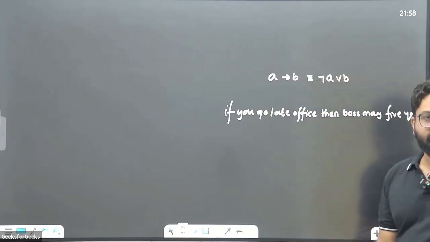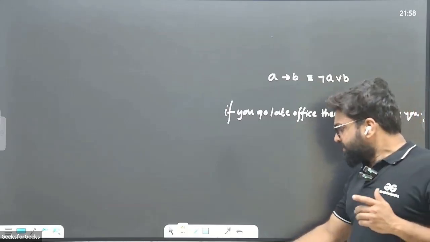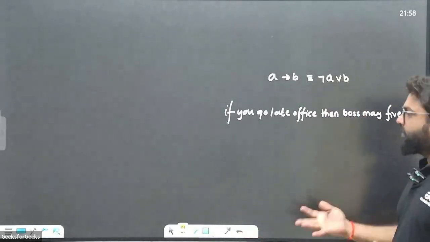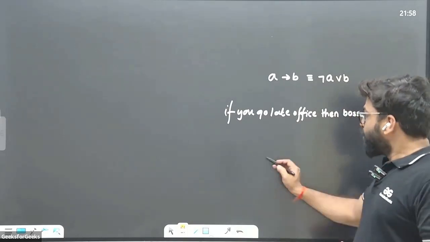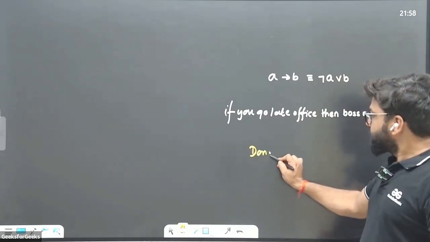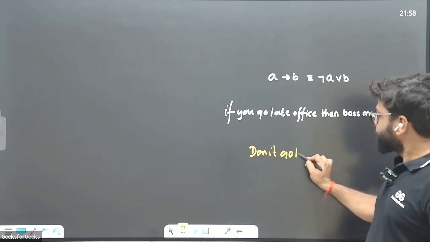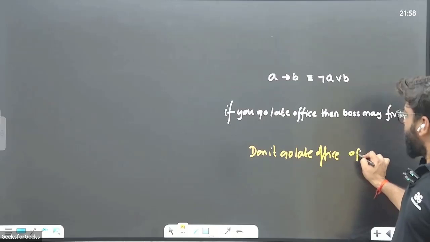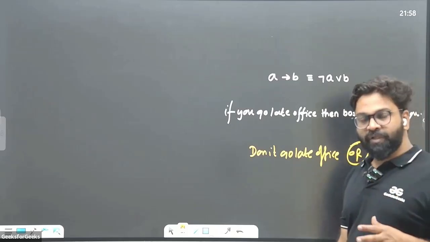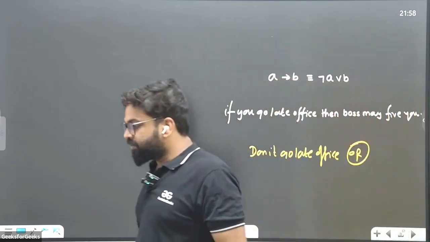If you go late to the office, then boss may fire you. Sometimes you are also writing another way: don't go late to the office or boss may fire you. Sometimes we use this in our normal language.